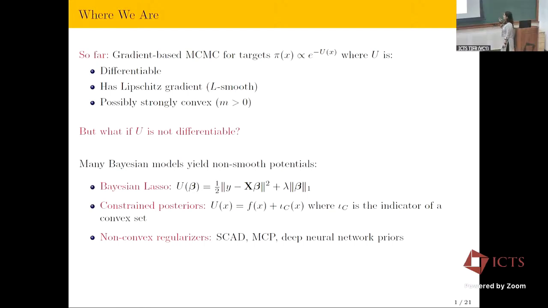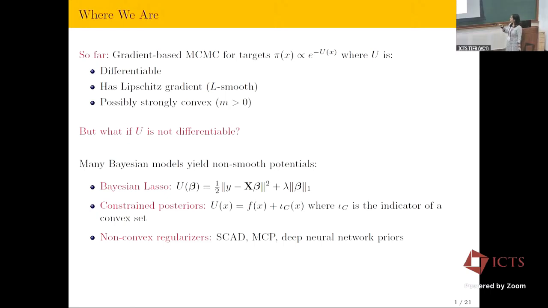Another very common problem is a constrained posterior. So if my support is assumed to be on all R^d, but it is not on all R^d, which means there's some part on which I don't have support for my target density, then I naturally don't have a differentiable potential, just by definition.